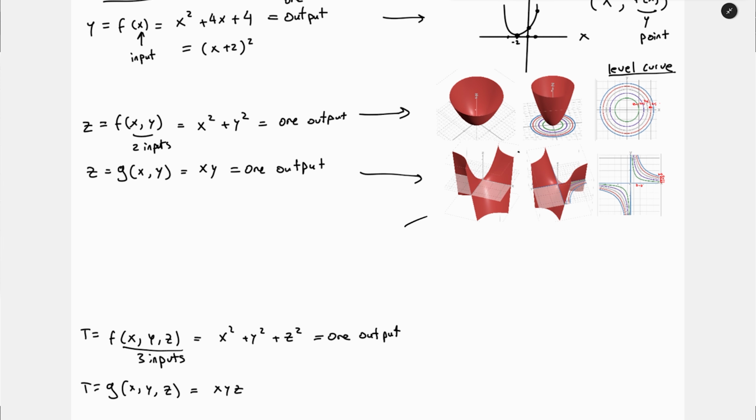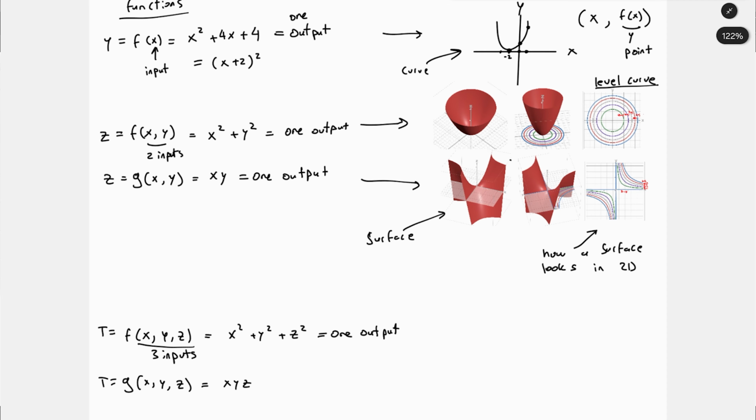So you see that this is just a surface, and this was just a curve, and this is how a surface looks in 2D. Now here we got something more complicated. Now we got a 4D shape. So this was 3D, now we went to 4D.